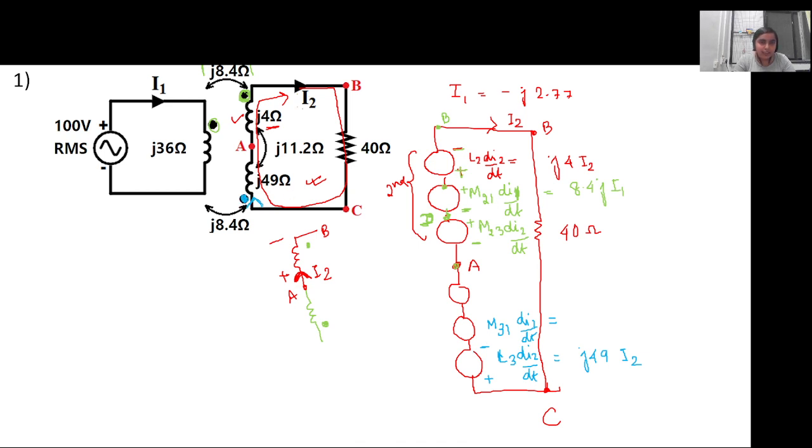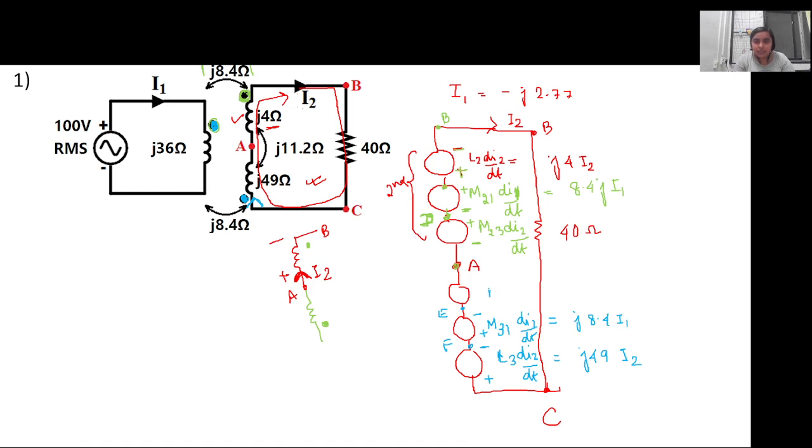In coil 3 also current is entering the dot, in coil 1 also current is entering the dot. So how will the sign be? Let's say this side is E and this side is F. F will be positive. Yes, F will be positive, E will be negative, and this value is given as J8.4 I1.